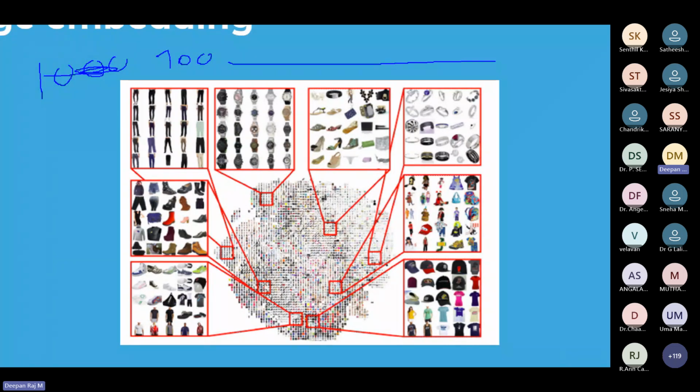Instead of blindly removing 600 images, I can look for similar looking images. Let's say this one and this one look very similar. So maybe I can remove either one of these images instead of randomly picking, because this image looks very unique. This is also unique because of the color and maybe the texture and shape, right? So I could potentially use these guys.